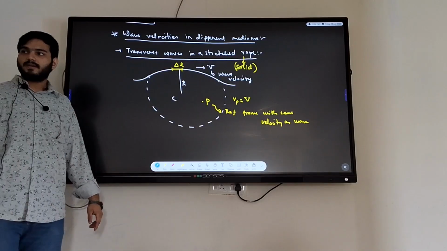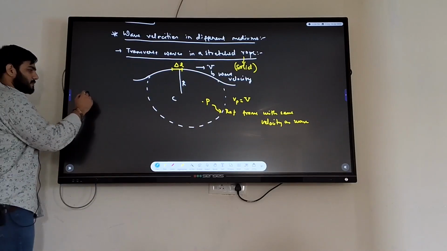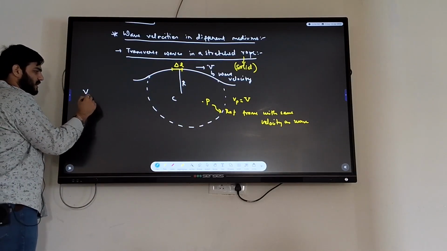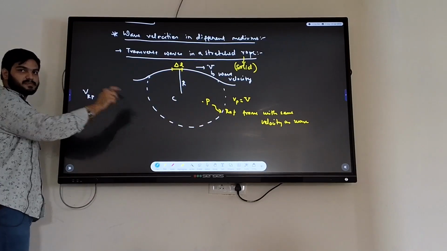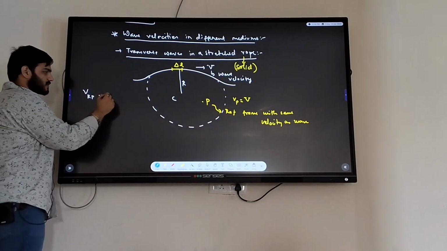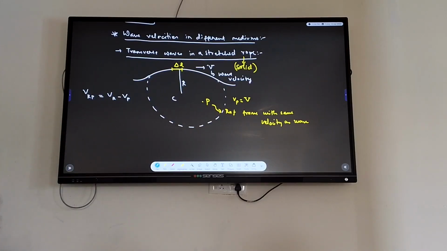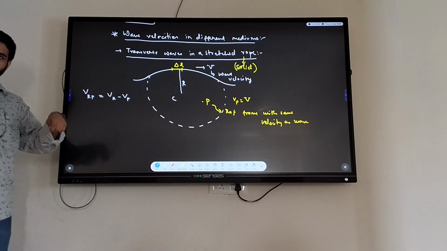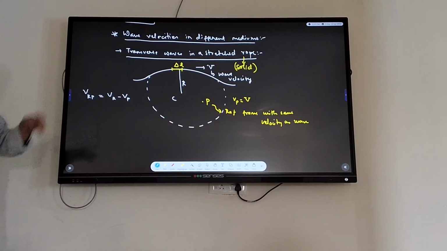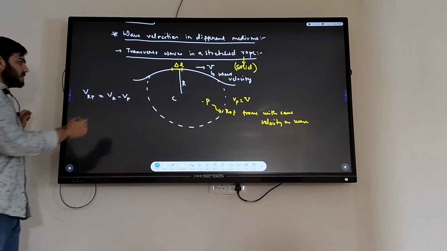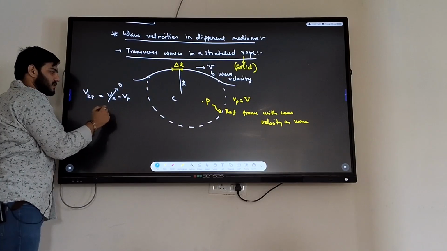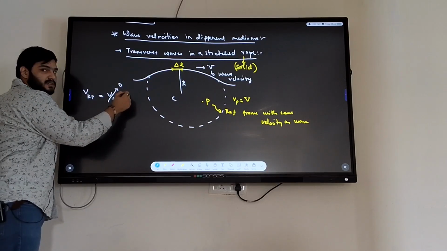VRP, the velocity of the rope with respect to P, is VR minus Vp. But in actuality, is the rope moving? The rope never moves. It oscillates, but it never moves. So VR is 0. Then what is Vp?